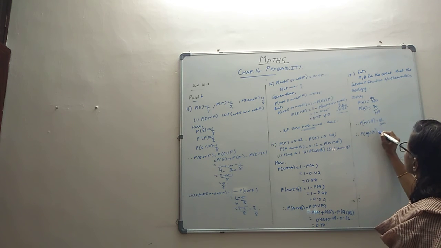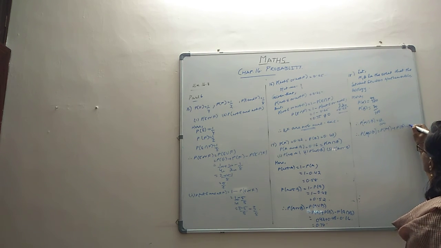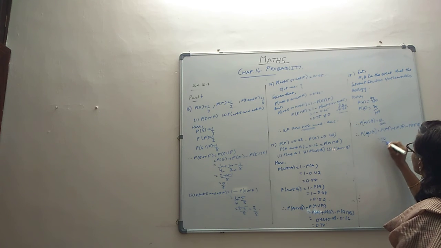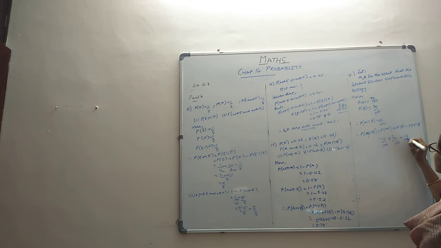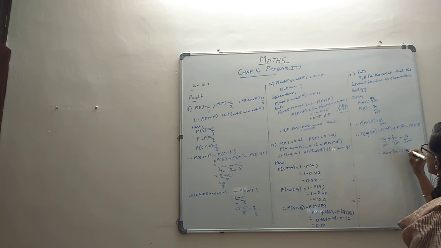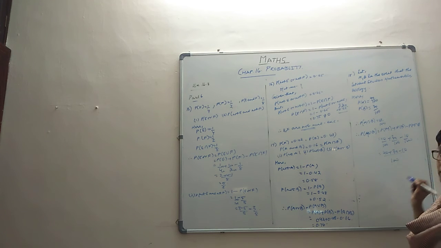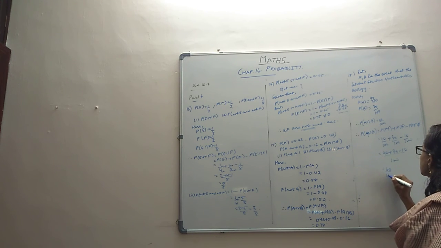So it is probability of M plus probability of B minus probability of M intersection B, which means it is 40 by 100 plus 30 by 100 minus 10 by 100. Because the denominators are same, we can directly add or subtract. 40 plus 30, 70, 70 minus 10, it is 60. 60 by 100.